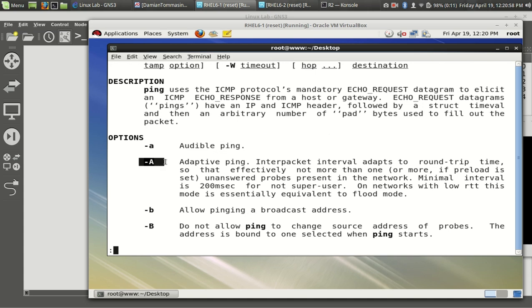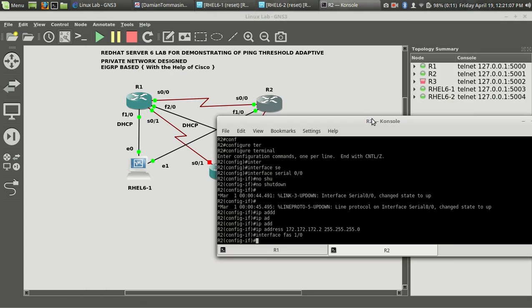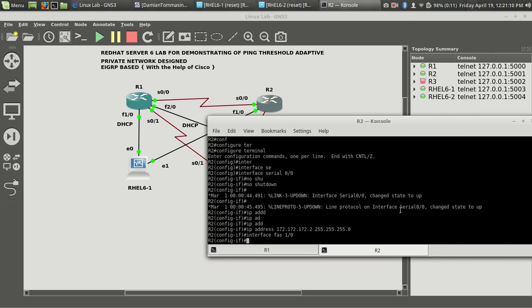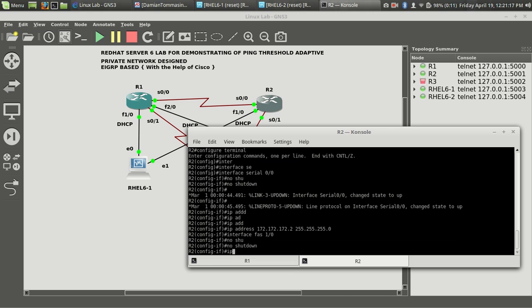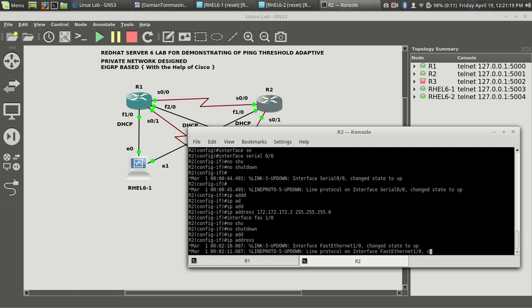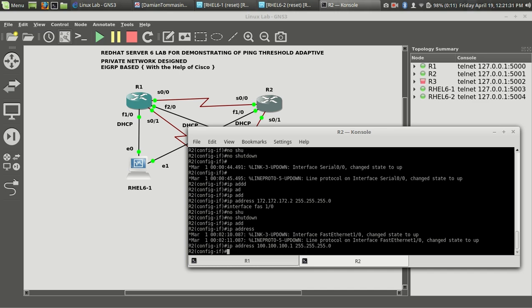This is basically a Linux lab, but with the help of Cisco. Interface FastEthernet 1/0. I need another IP address, making the port no shutdown. So I'm going to use 100 as the subnet of the IP address. This is okay, fine, good.